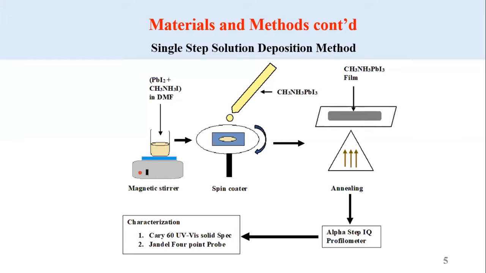And after that, we measured the thickness of the films to ensure that all the films that we were characterizing had uniform thickness. We measured the values for absorbance of these films using a UV-VIS spectrophotometer, and we also measured the sheet resistances of these films using 4-point probe equipment.